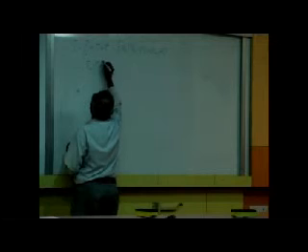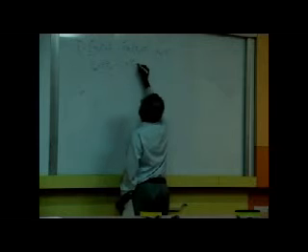This is M, so this is M r center of mass cross r center of mass dot. Plus, the next term will be summation m_i r_i prime cross r center of mass dot, plus, I have forgotten one more term, plus summation m_i r center of mass cross r_i prime dot.